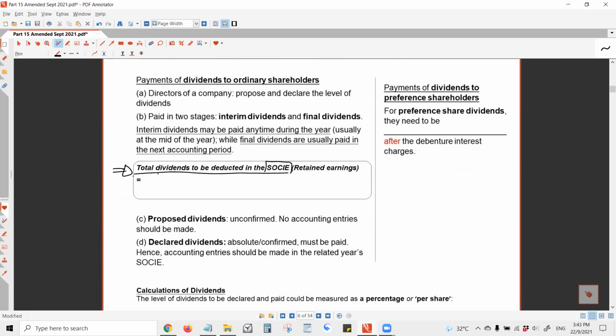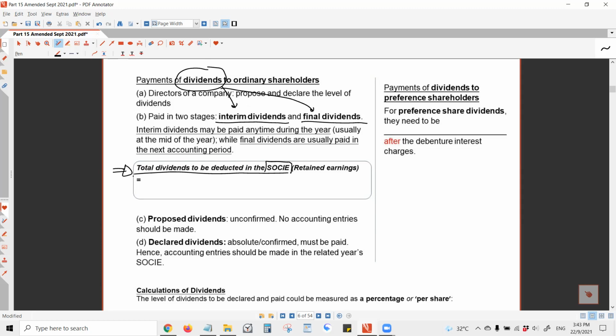Now, you fill up the blank with me. You write, for your information, dividends that you pay to the ordinary shareholders. There are two stages of dividends to be paid to the ordinary shareholders. One is known as interim dividends. Another is final dividends.